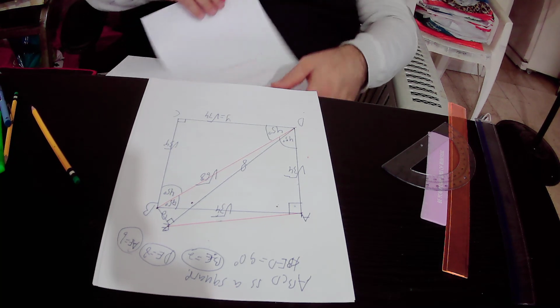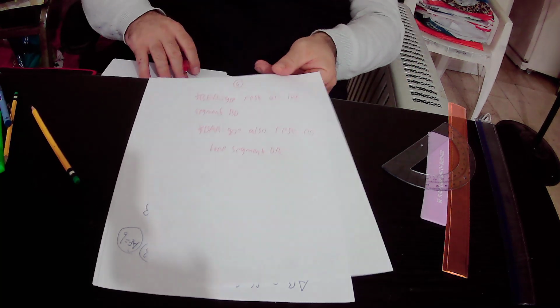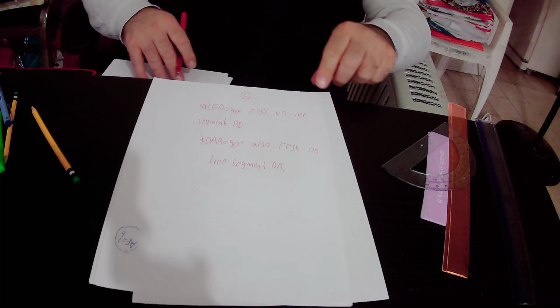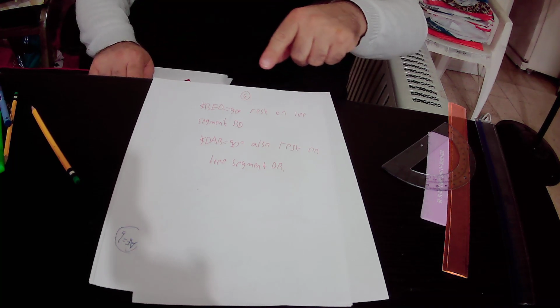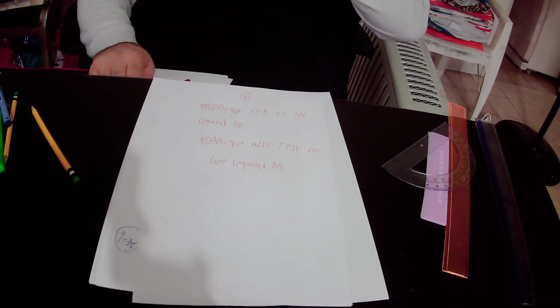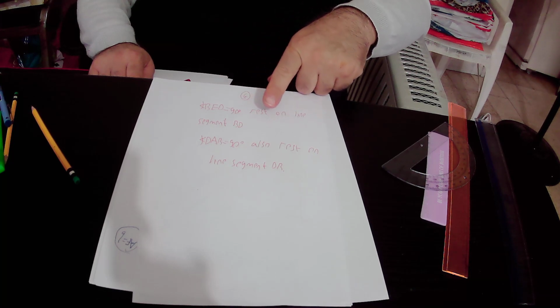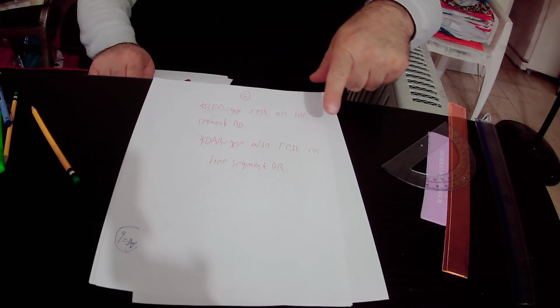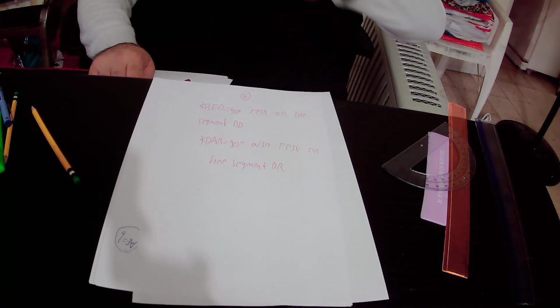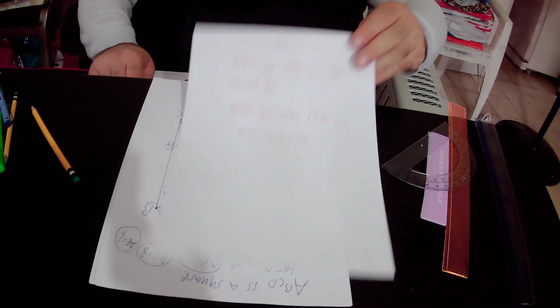I will repeat again. Angle DEB, which equals 90 degrees, rests on line segment DB, and angle DAB, which also equals 90 degrees, also rests on the same line segment DB.